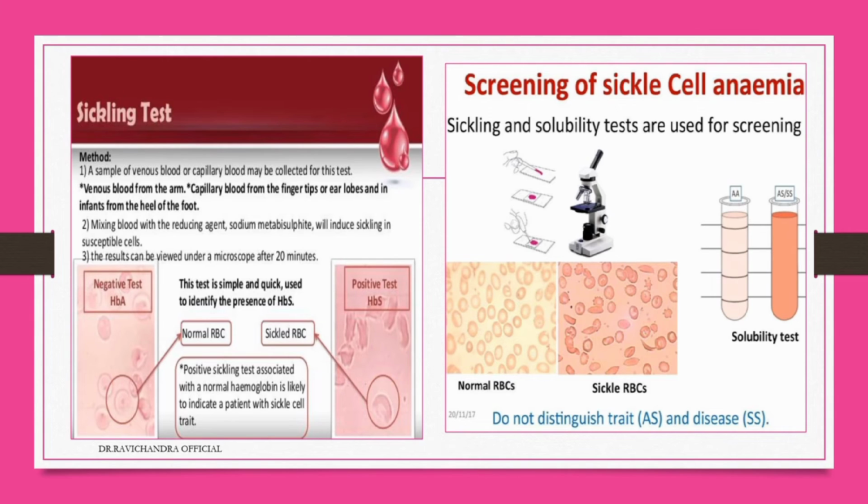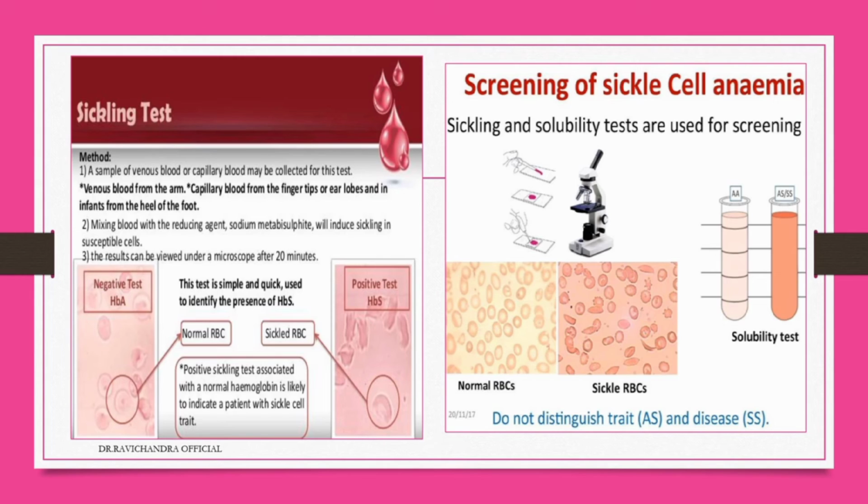Sickling test. It is a method where a sample of venous blood from the arm or capillary blood is collected. Capillary blood from the fingertips or earlobes, and in infants from the heel of the foot, can also be used.